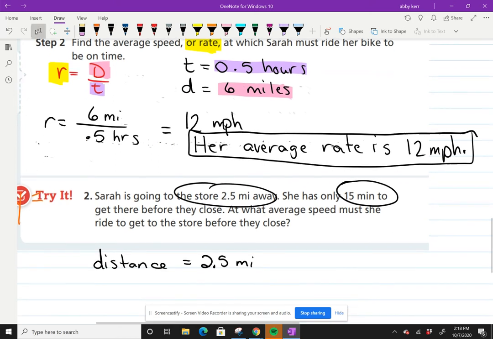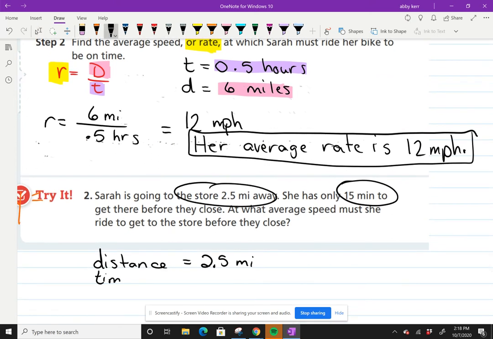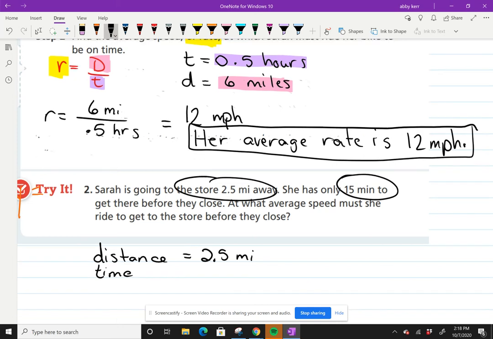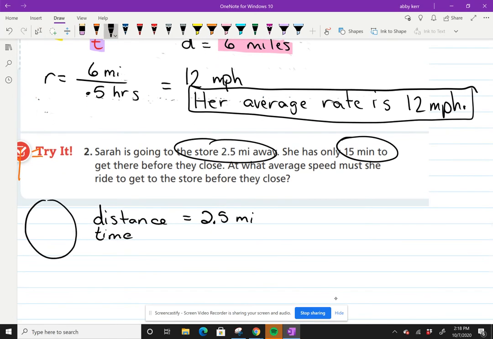Now, 15 minutes away, you have to be careful because we're talking about hour time, but they gave it to us in minutes. If we split up our clock into 4 chunks, this would be 15 minutes, which is also 1/4 of an hour. How do you write 1/4? You write it as a decimal. So it's 0.25 hours.